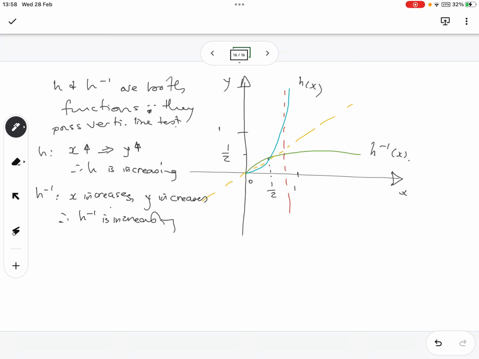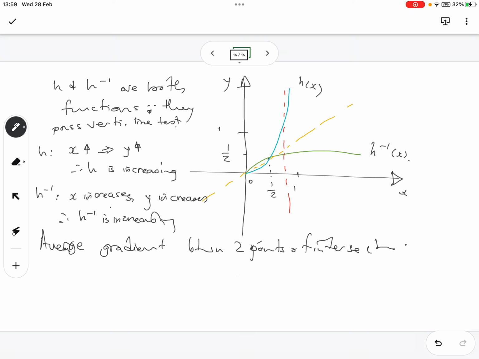Then the average gradient of h between the 2 points of intersection.